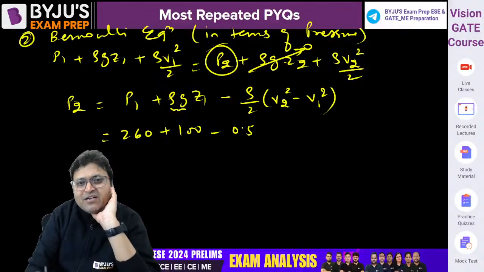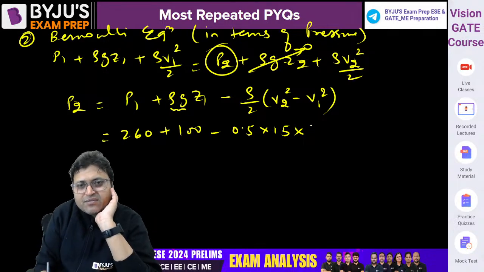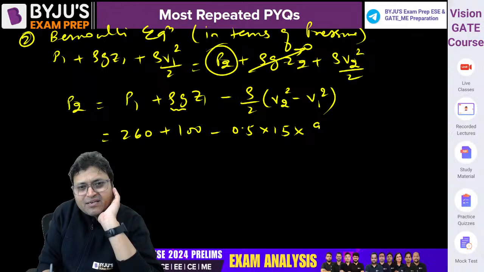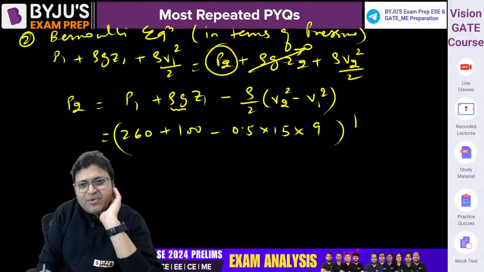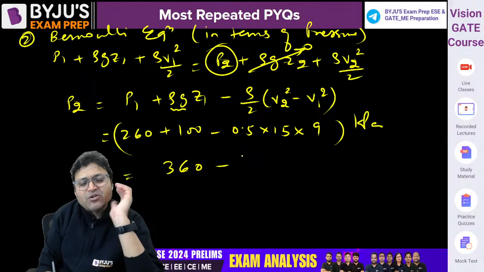V2 is 4V1. So it will be 16 V1 square minus V1 square, that is 15 into V1 square. And what is V1 square? V1 is 3, so it will be 9. That will be in kilopascal. So it is 360 minus 135 divided by 2. What is 135 divided by 2?